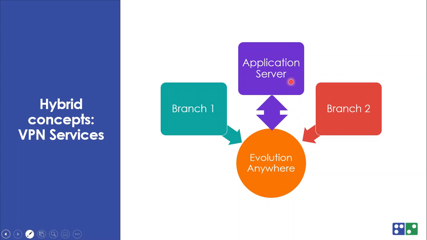So what happens is you'll have an application server, so Evolution will be somewhere, and this could be hosted, so it could be a platform as a service server or hosted server, or it could be still in one of your offices. You install Evolution Anywhere. Now your computers and your branches access one server via this service, so that you're still accessing it via the cloud, but you have remote use.